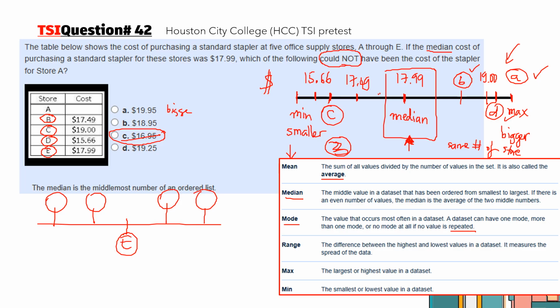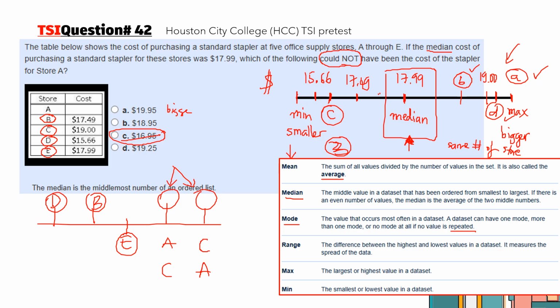Then 15.66 is store D, and we have 17.49, that is B right here. So the leftover places are for 19, either this or this. It can be switched. A can be here and C can be here, 19, right? Or we can have C right here and A right here.